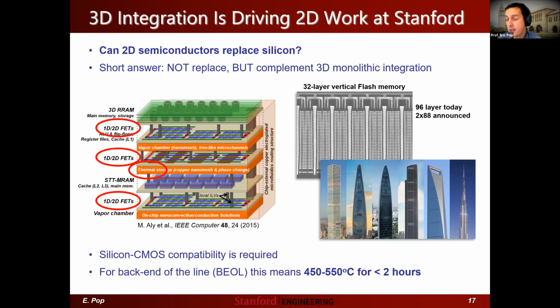Today, if you buy the newest laptops and cell phones, you have 96-layer flash memory, all vertically stacked. And I think Micron recently announced 2 times 88-layer. So they're probably going to get to 1,000 layers pretty soon, which is why the price of flash memory is amazingly low, and it keeps getting lower, just like a miracle.